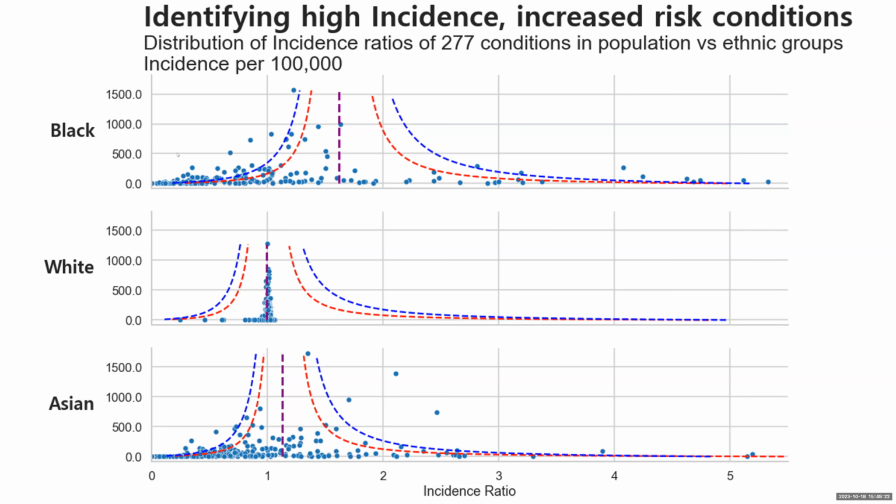We can see that there are many conditions overdiagnosed. There are also conditions underdiagnosed, and so this can be used in the same way to look at things that might be underdiagnosed. For example, we often see mental health conditions tend to appear underdiagnosed when we look at ethnic groups.